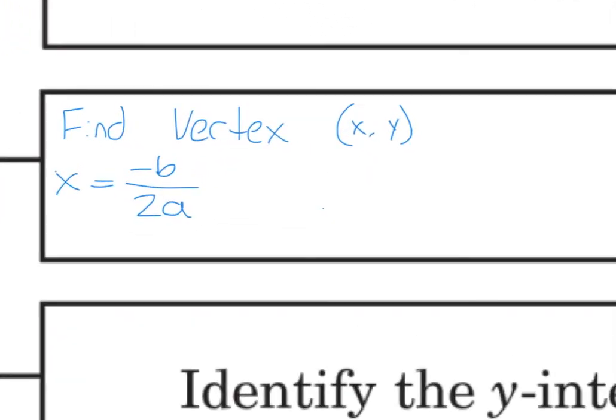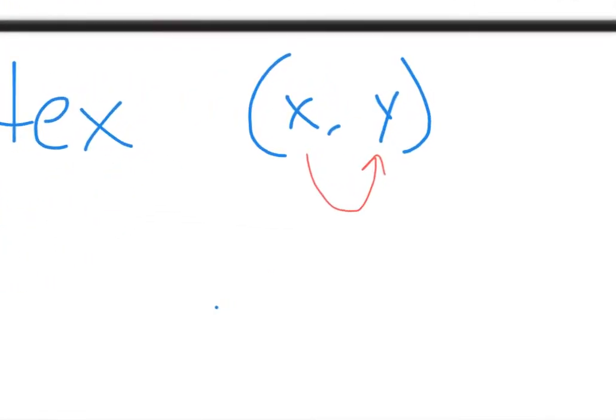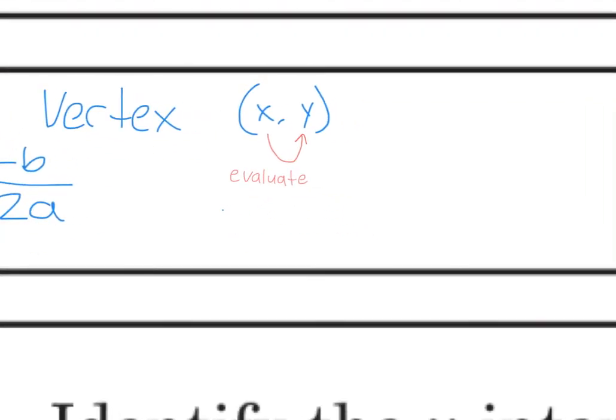To find the y-coordinate, you're going to take what you got for x and you are going to evaluate. Essentially, we're going to plug the x-coordinate into our function, and we're going to see what we get for our y-coordinate.